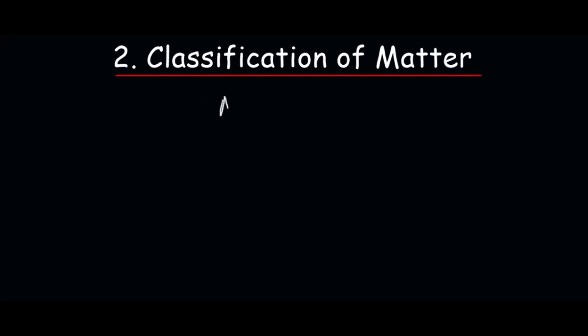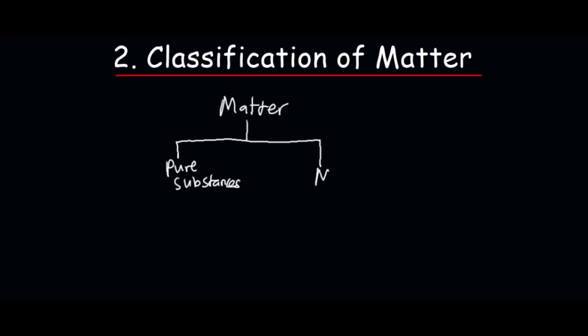So, generally, aside from the state of matter, we can classify matter into pure substances and mixtures. So, matter can come in as either a pure substance or a mixture.